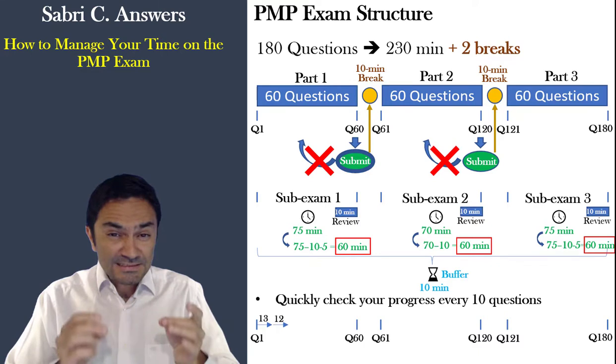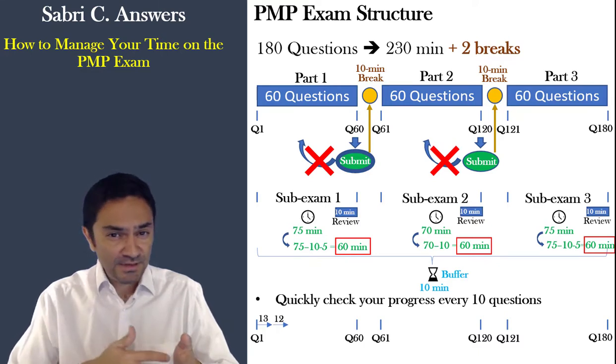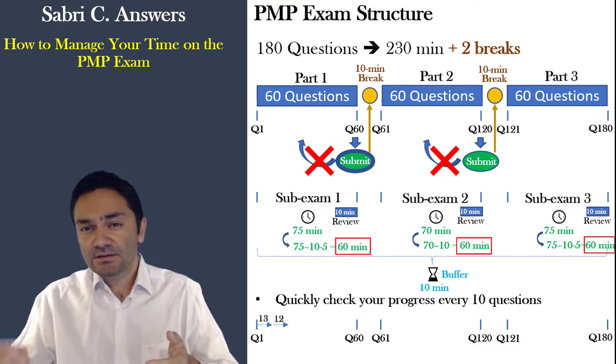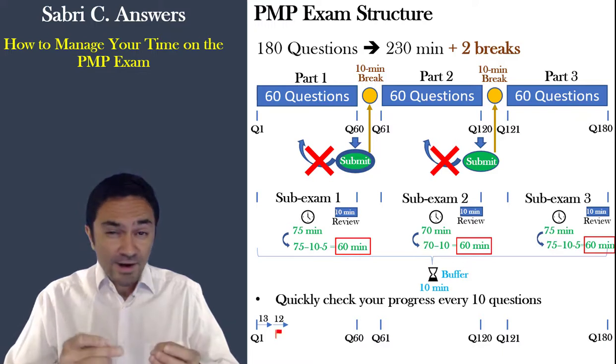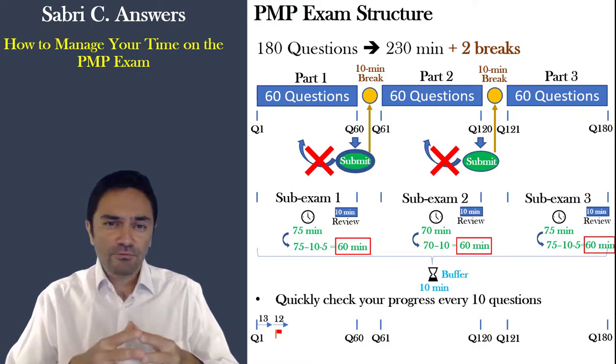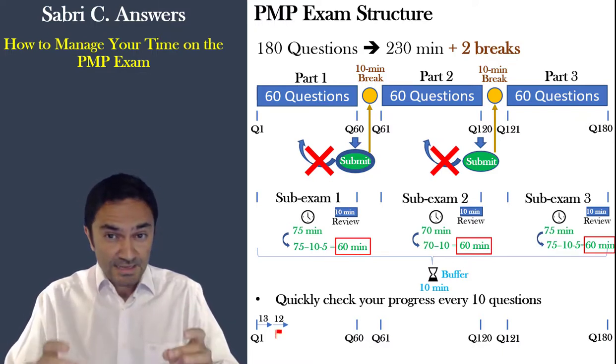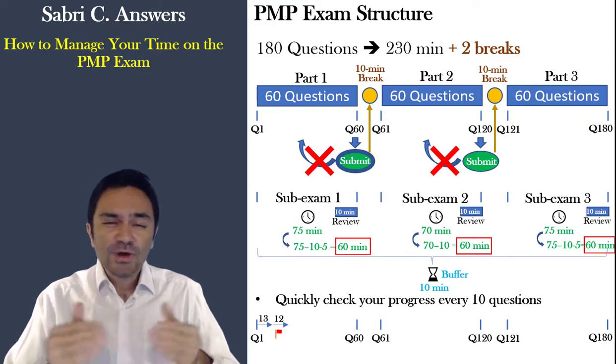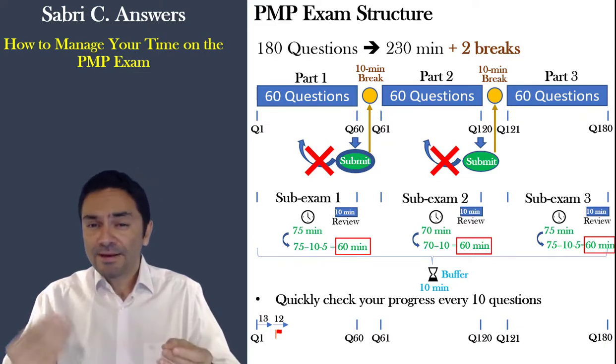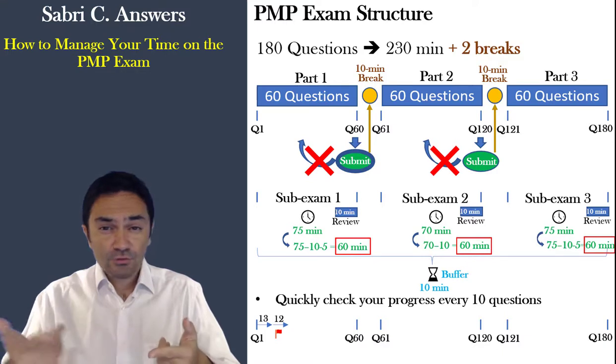You spent 12 minutes to solve the questions between the 11th question and the 20th question. You also marked the 16th question for review. Here, please note that you shouldn't leave any question blank. Just pick up an answer even if you mark it for review.